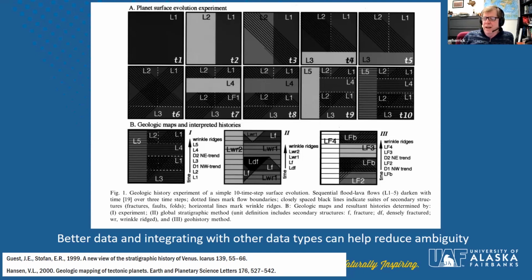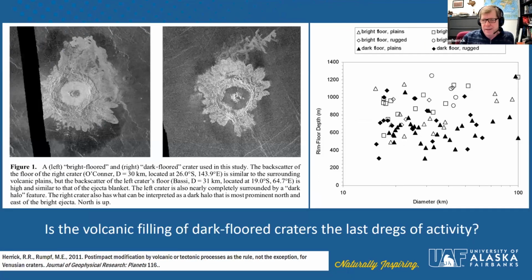There's more inherent ambiguity in photogeologic mapping than is commonly understood, and in fact there is less directionality than has been interpreted previously in terms of how these volcanic features have been put in place. All right, next slide, please.